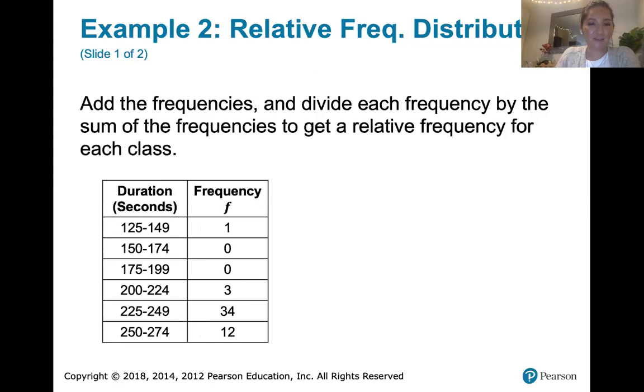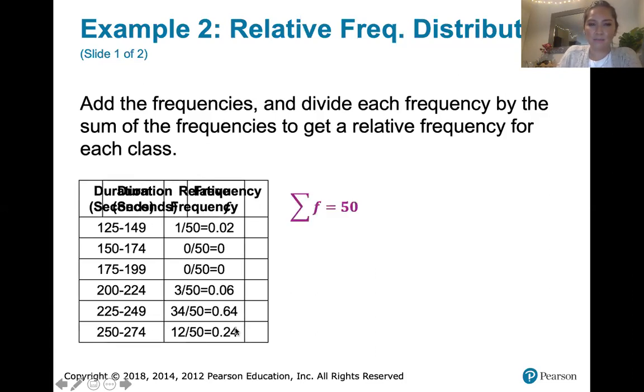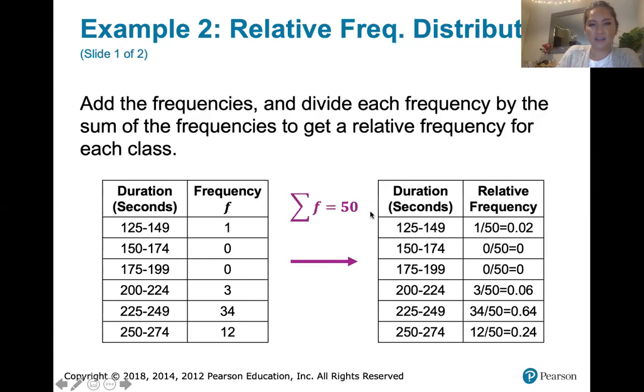So we had 50 data values, and if you want a relative frequency distribution, all you do is take each frequency and divide by 50. Now this notation here might be unfamiliar to you. This is a Greek letter sigma, and this f is what we're using as a stand-in for the frequency, f for frequency. This sigma with the f to the right of that means sum up all of the frequencies.